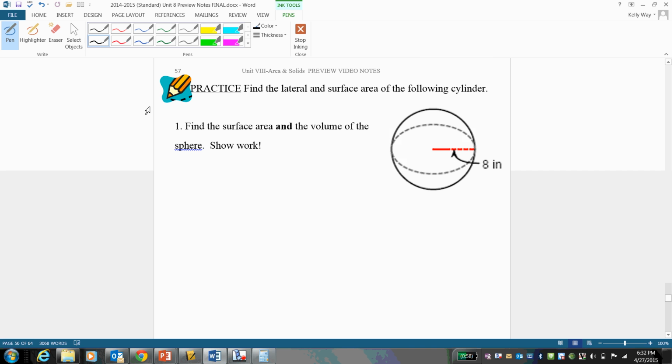Okay, let's actually put this to work. It says, wow, these instructions are wrong. It's talking about a cylinder. We want to find the surface area and volume of a sphere. So we're going to write out our 2 equations. For surface area, it's 4 pi r squared.